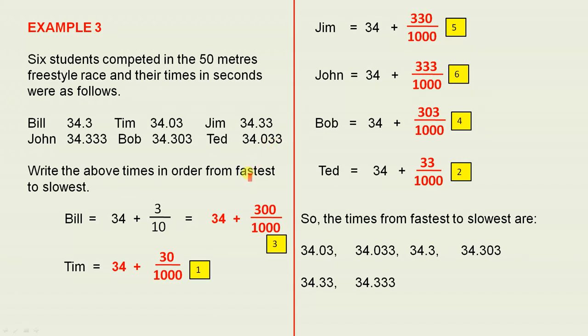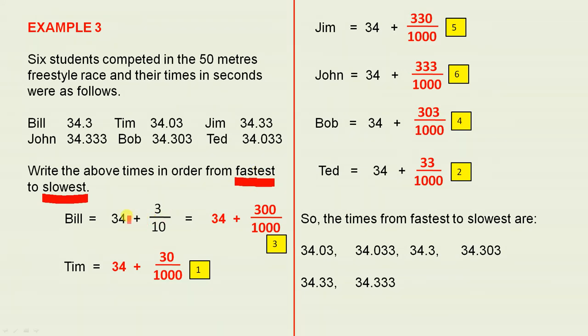So we're going to write the times in order from fastest to slowest. So don't get confused. It's from fastest to slowest, which means the first one will be the shortest time. It'll be the smallest number, because that'll be the fastest. Okay, let's have a look.